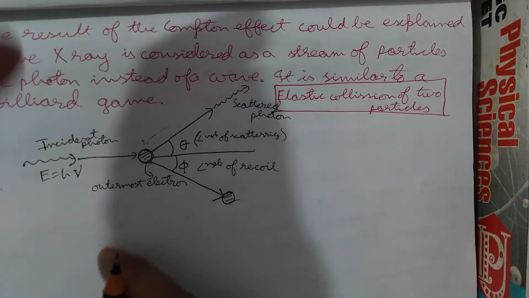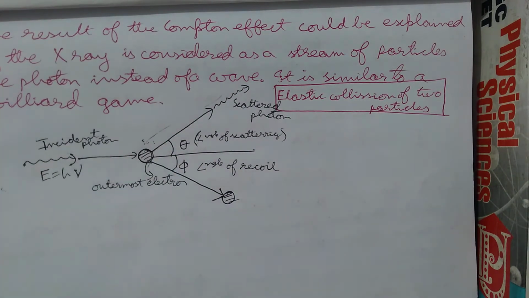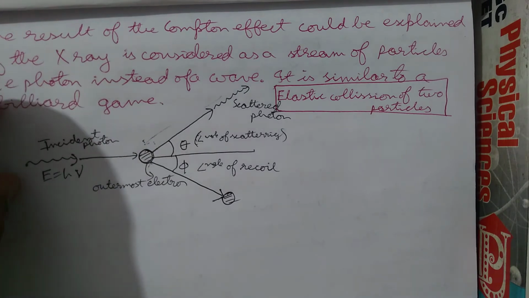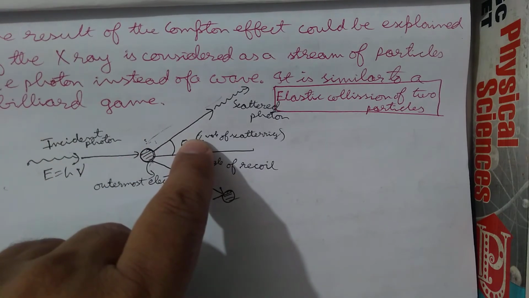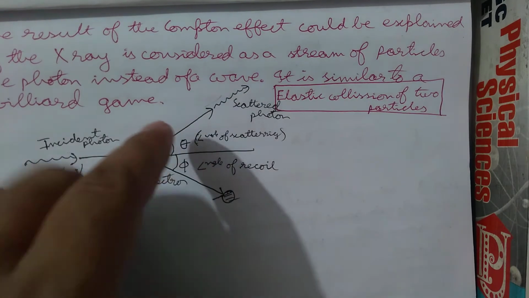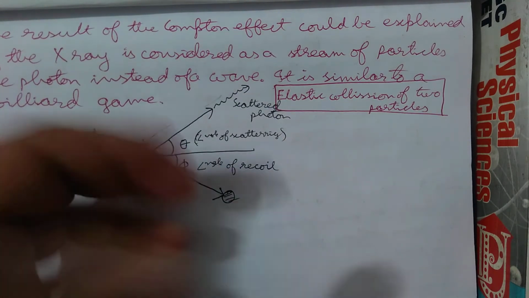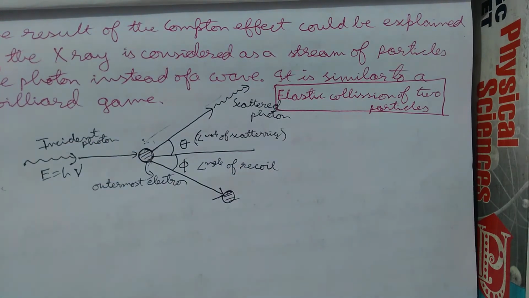Similarly, when there is a collision between billiard balls, the ball incident on another ball definitely loses energy in the collision. So if you describe it in terms of particles, you can describe the ultimate result.